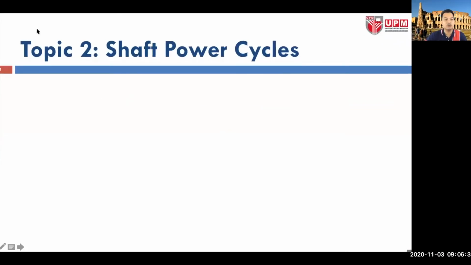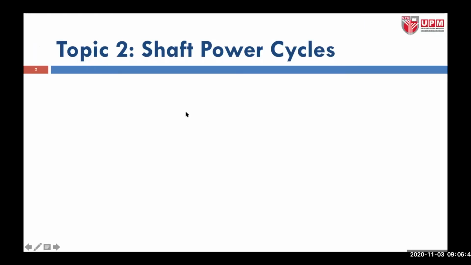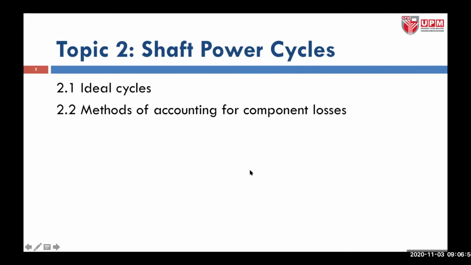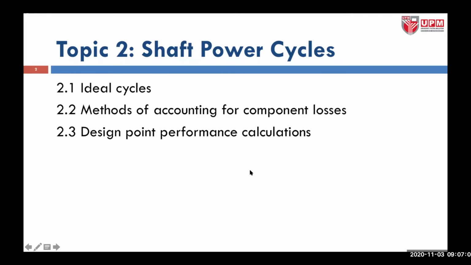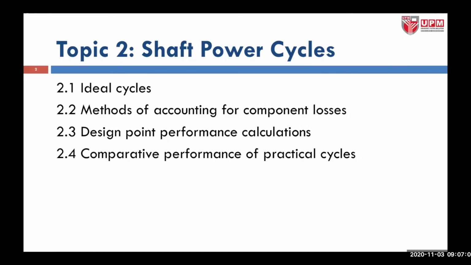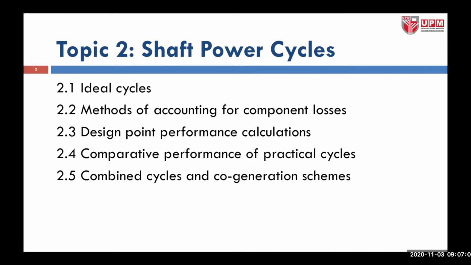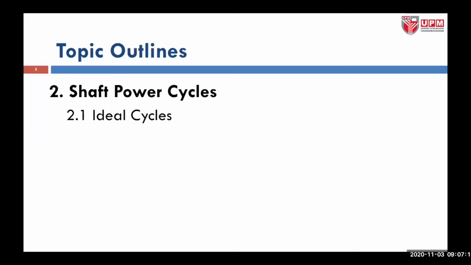Okay, with regards to shaft power cycle, this is the second topic on air breathing engine. We will look into several subtopics under this shaft power cycle. The first one is ideal cycles, and then methods of accounting component losses, design point performance calculations, comparative performance of practical cycles, combined cycles and cogeneration schemes, and closed cycle gas turbine.